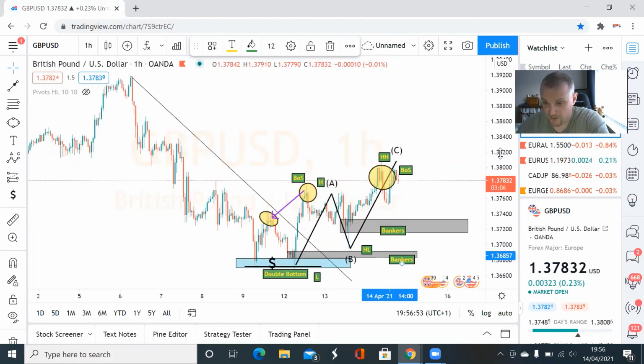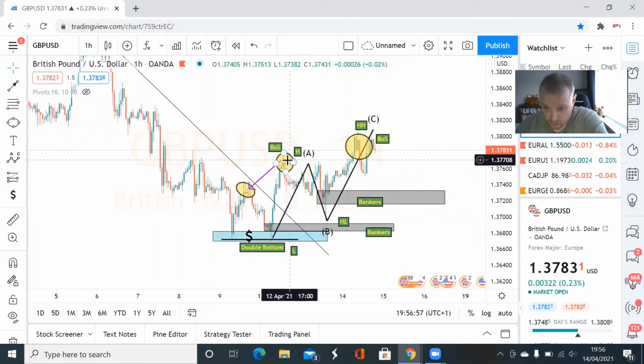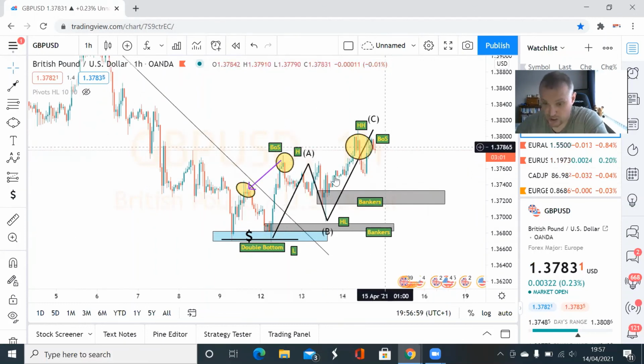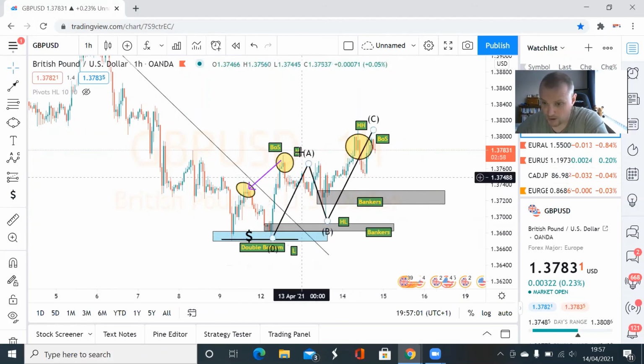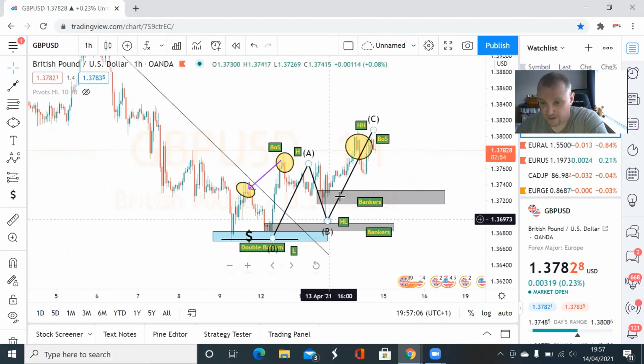Okay, two areas where you have the possible bankers, and then I want you to identify that breaker structure 1 and then a second breaker structure. I also want you to put the low, the high, the higher low, the higher high, and identify on the ABC leg trend reversal the bankers on both of these areas.